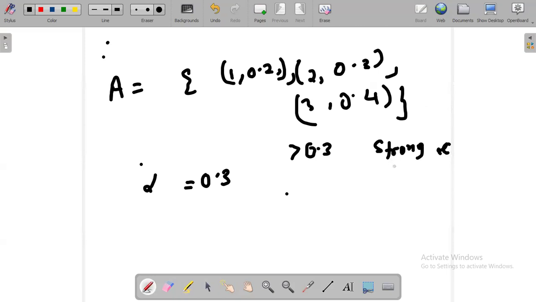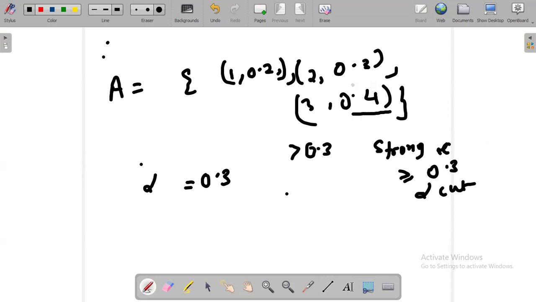If it is greater than or equal to 0.3, this is only the alpha cut. So if you see the example, which are the values under strong alpha cut? Only 0.4 will be the strong.